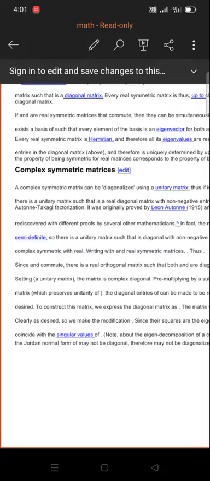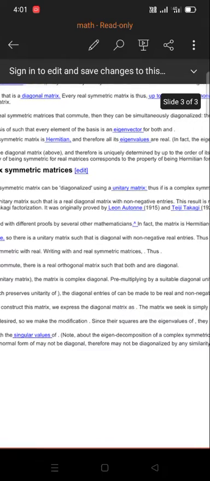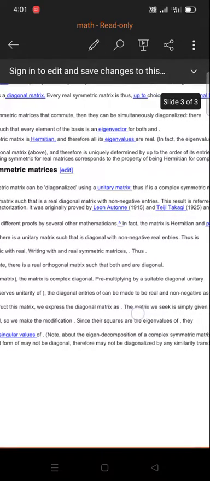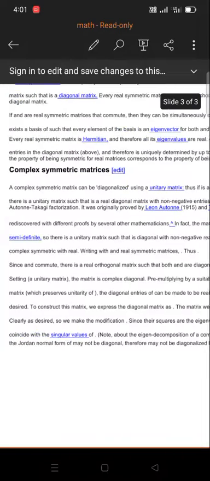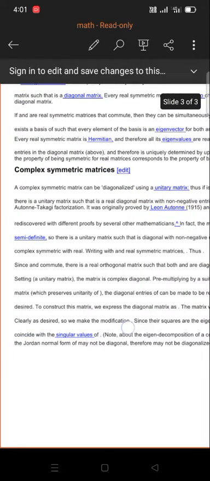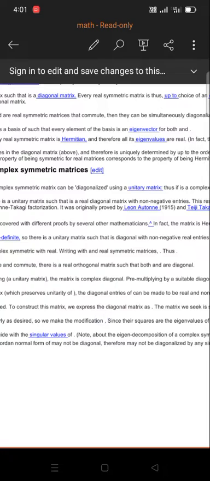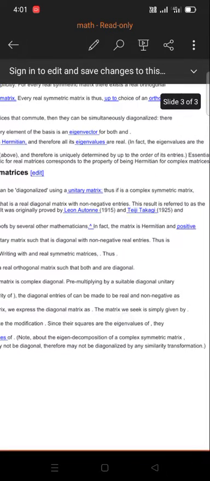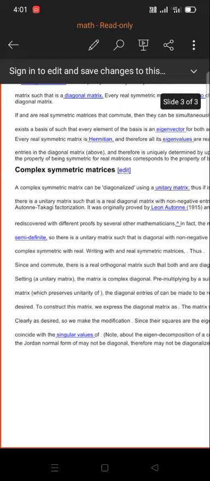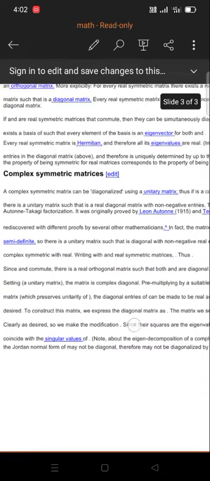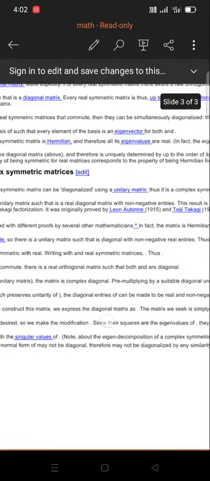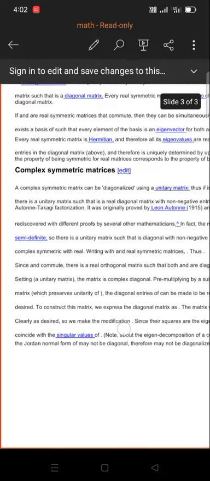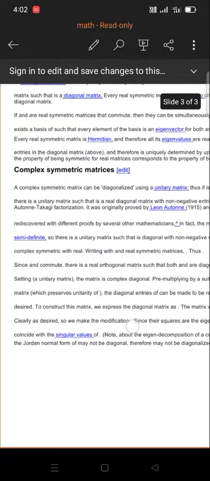It was originally proved by Léon Autonne in 1915 and Teiji Takagi in 1925 and rediscovered with different proofs by several other mathematicians. In fact, the matrix A* A is Hermitian and positive semi-definite, so there is a unitary matrix V such that V* A* A V is diagonal with non-negative real entries.